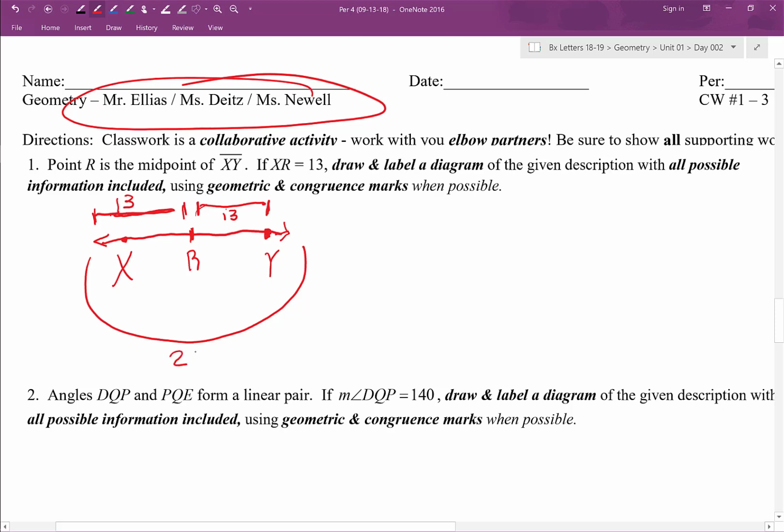Isn't that only like that? Like, yeah. That's something else. I'm just showing you, if you want to do diagrams.